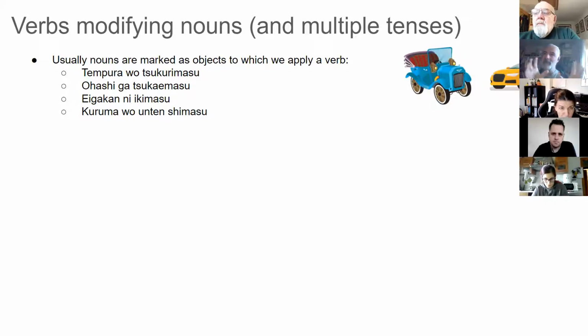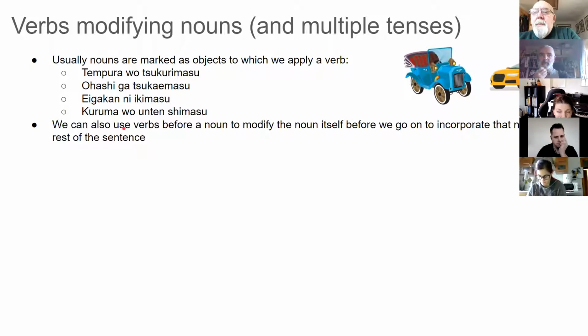But if we're actually saying what we're cooking or what we're studying, then the thing that we're cooking or studying should be the thing which is marked with o. So in this case, kuruma o unten shimasu, nihongo o benkyou shimasu, bangohan o ryori shimasu, like this. Is that okay, guys?